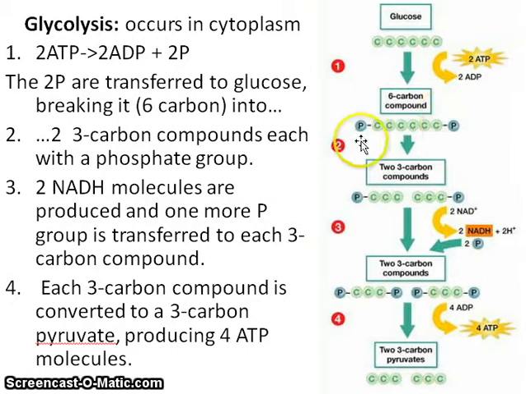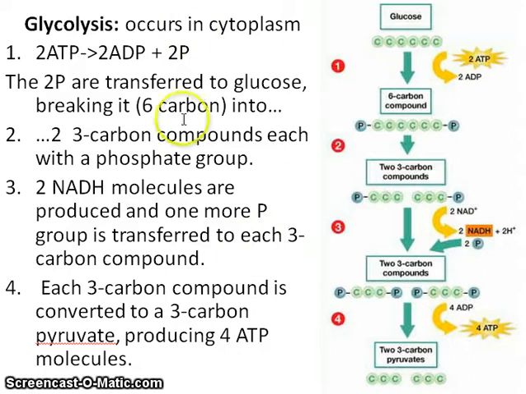Then we manipulate it by adding 2 ATP and other things like NAD plus and phosphate, and it changes its shape all the way to turn into 2 3-carbon pyruvate. And what's important for you to note is that 2 ATP go into the reaction, but 4 come out.